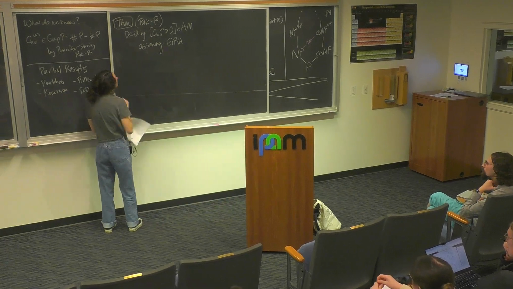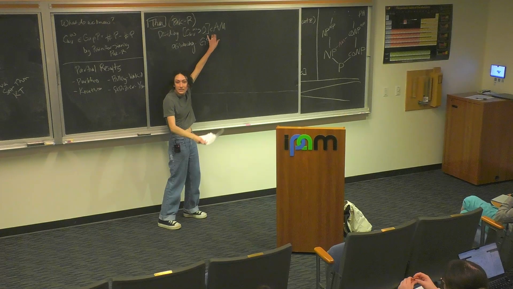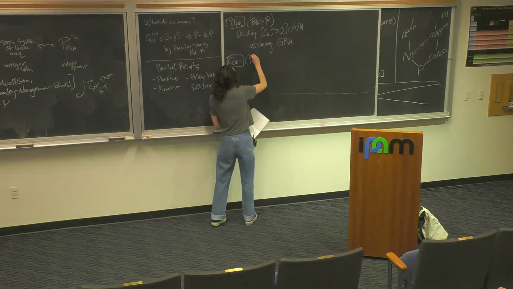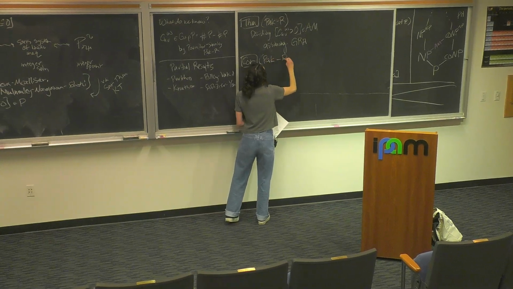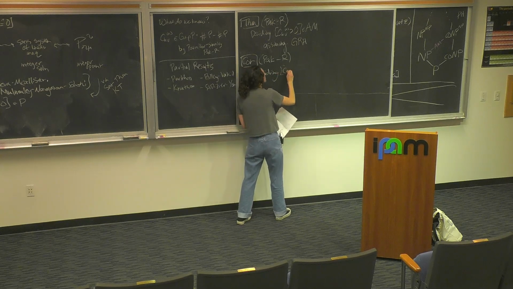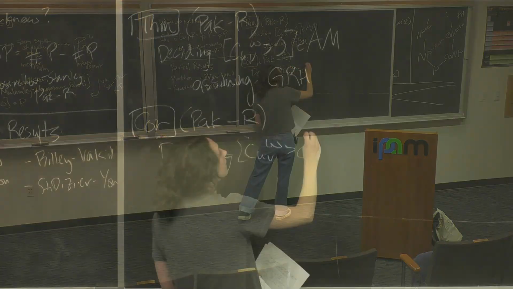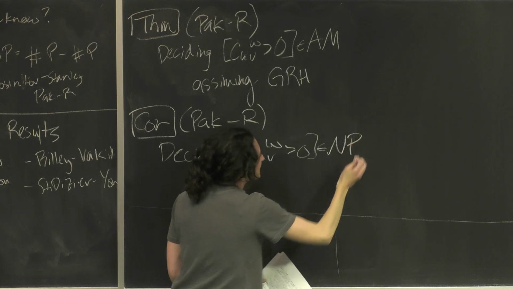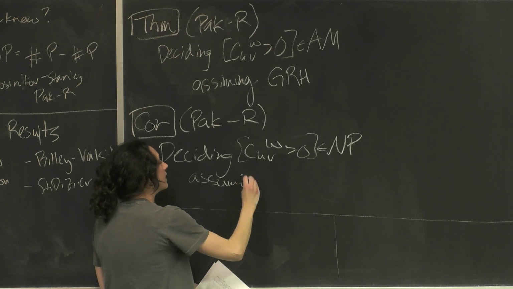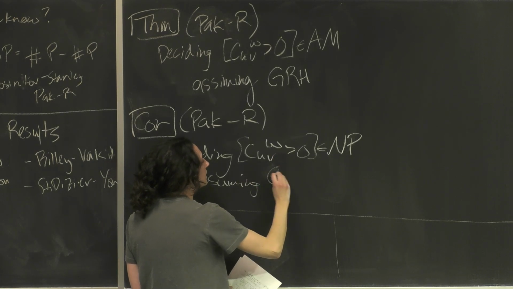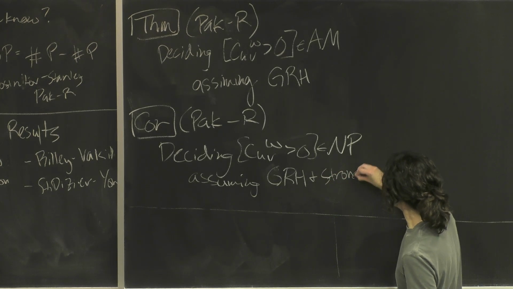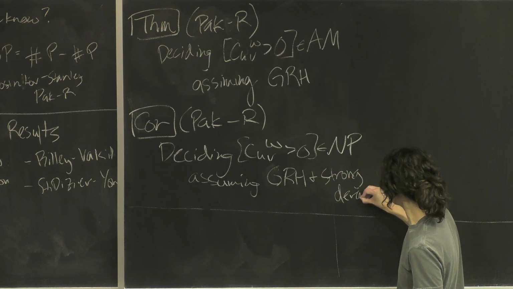And so our first corollary is that, firstly, it's in the hierarchy. The second corollary is that deciding this non-vanishing is actually going to be in NP, assuming, again, GRH, and something called strong derandomization.